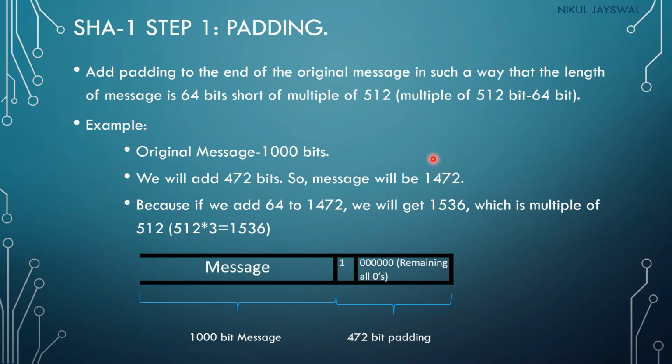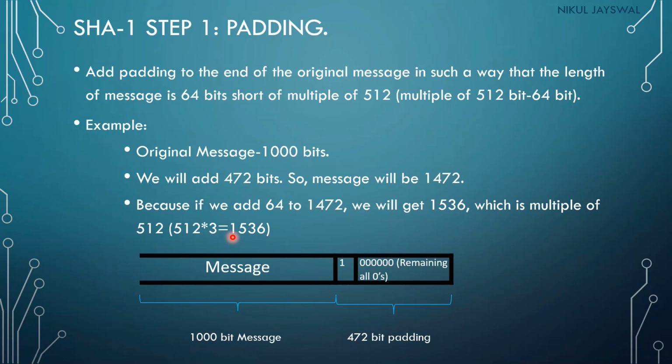Why do we take 1472 bits? Because the last 64 bits will be used to store the size of the actual message. Clear? If we add the 64 bits to the 1472 bits, we get 1536, which is a multiple of 512. So 512 into 3 is equal to 1536.